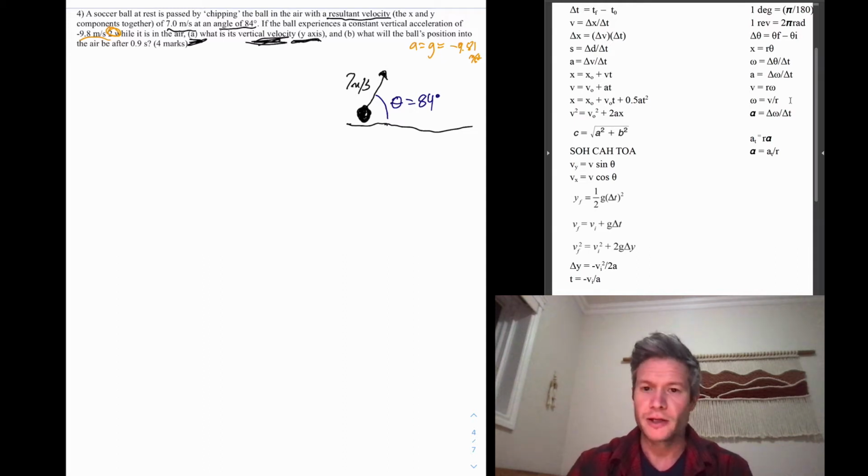Great, okay. So what we can do when we look at our equation sheet here, whenever you're talking about velocity and angles and what is the resultant or component, you really should just hone in right away into these two equations and try to figure out which two from there.